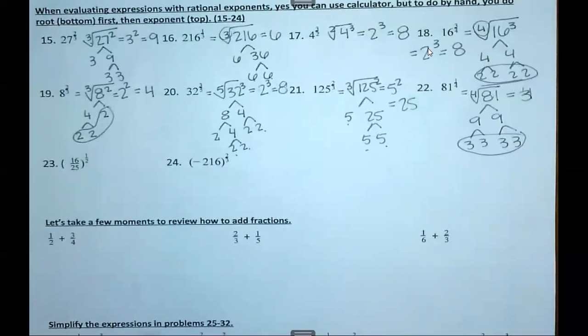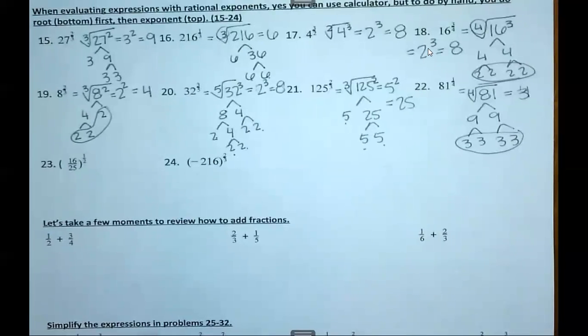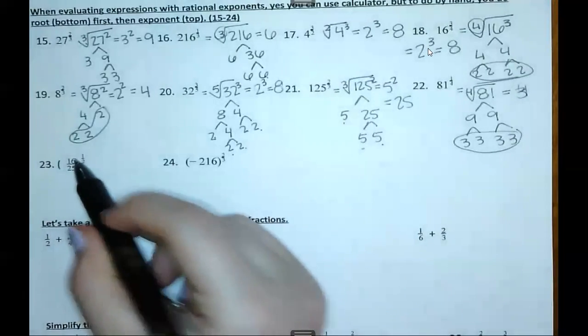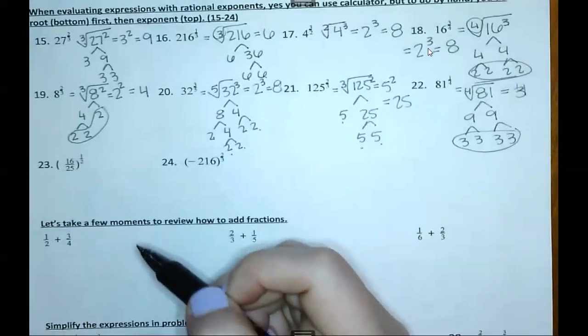Okay, number 23. So we have 16 over 25 being raised to the 1/2 power. This means that I have to raise both the top and the bottom to the 1/2 power.